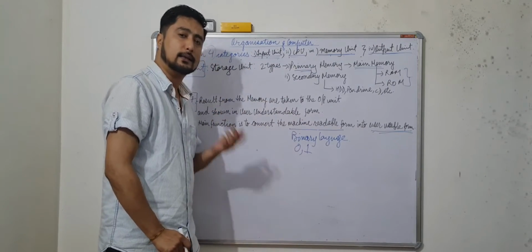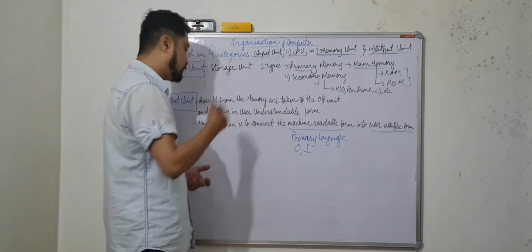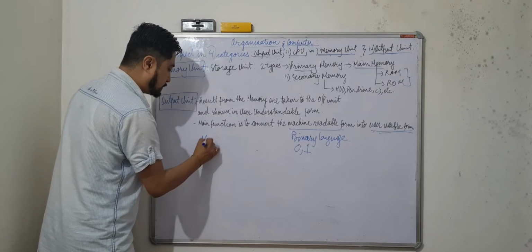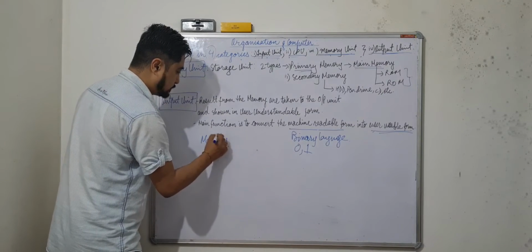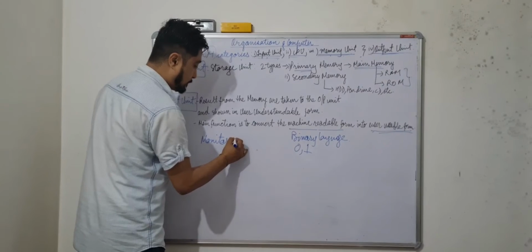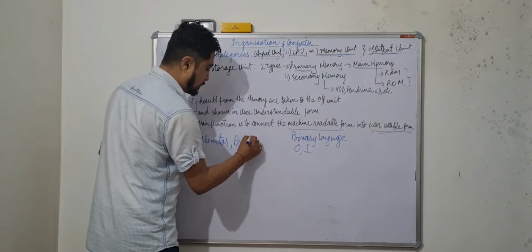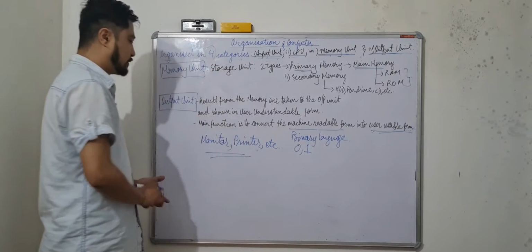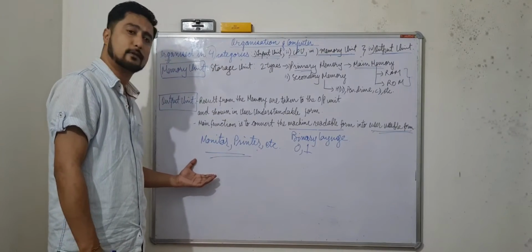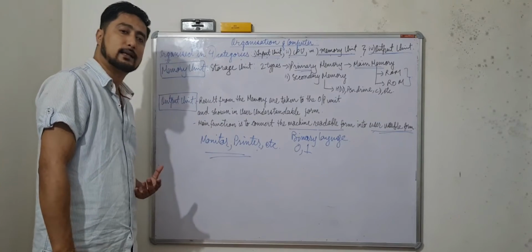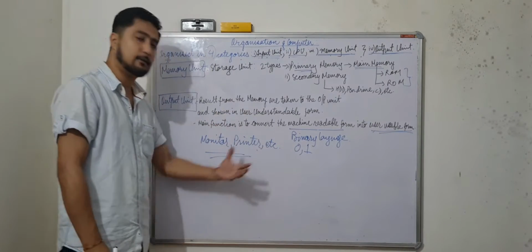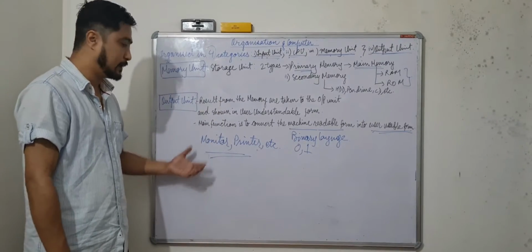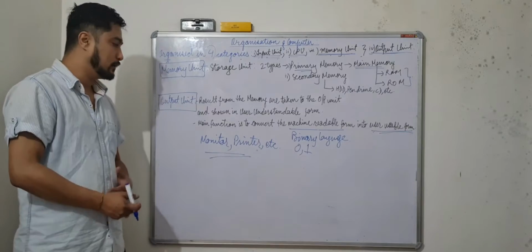Examples of output units are monitor, printer, etc. So there are many output units, where we can view the result from the memory in our human understandable form.